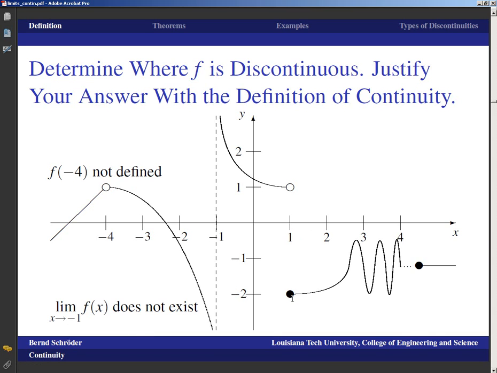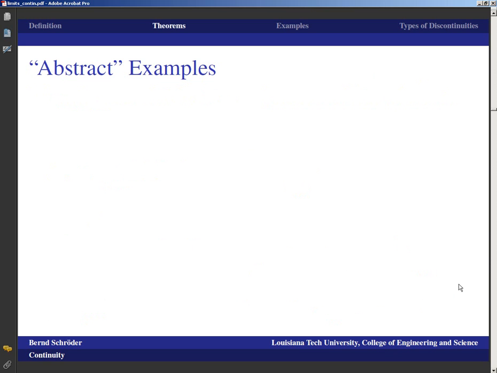Here we have another one where the limit doesn't exist. And here this infinite oscillation also means that the limit does not exist as x approaches 4.5. So that's how you would justify things with the definition of continuity. You wouldn't talk about a jump or a hole or anything like that. You have to connect it to the abstract situation.